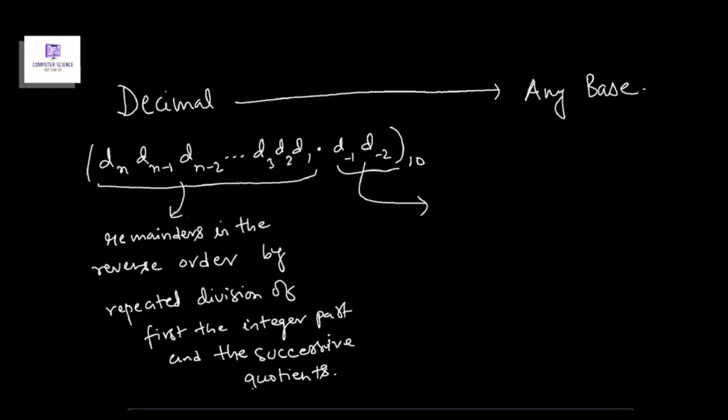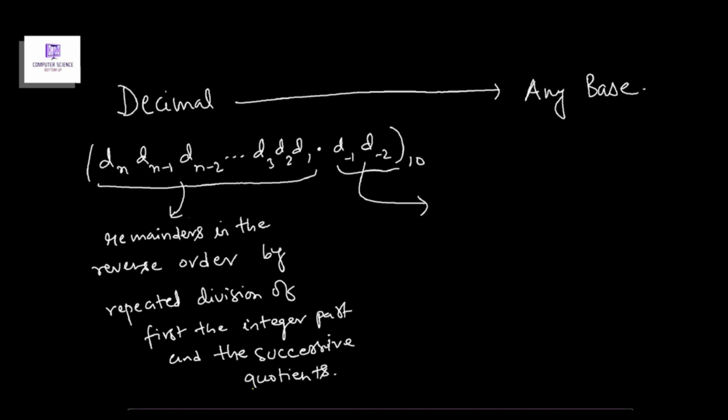How to get the equivalent for the decimal portion, in the fractional part? In this case, you will continuously multiply the fraction part with the base.